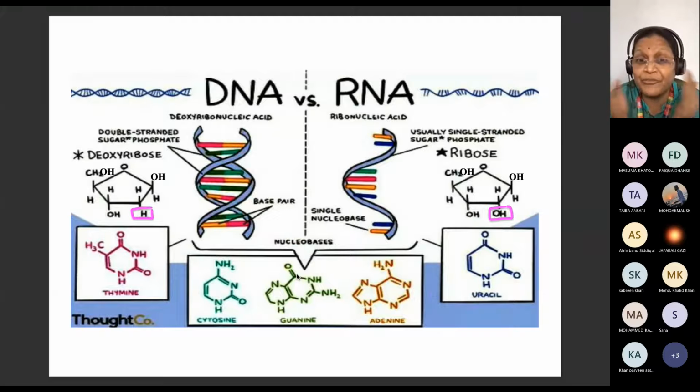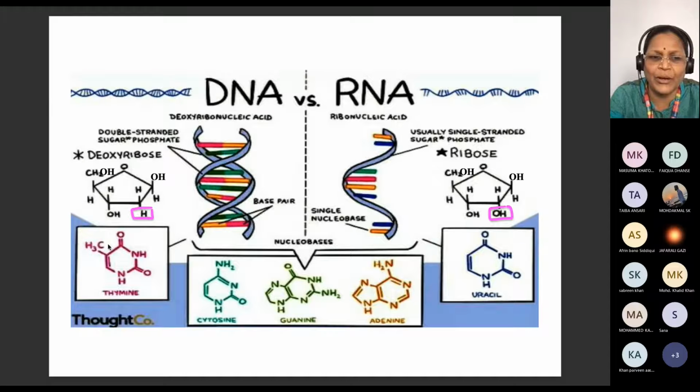But now the distinction point: thymine will be strictly in DNA, whereas uracil will be strictly in RNA. And what is the structural difference you are able to see between thymine and uracil? In thymine, you have that methyl group. Are you able to see this methyl group?